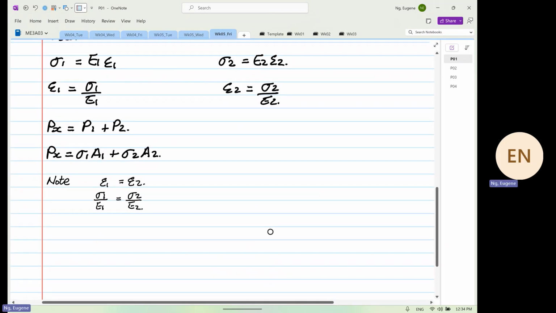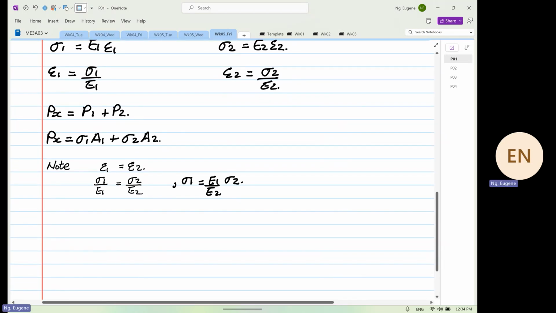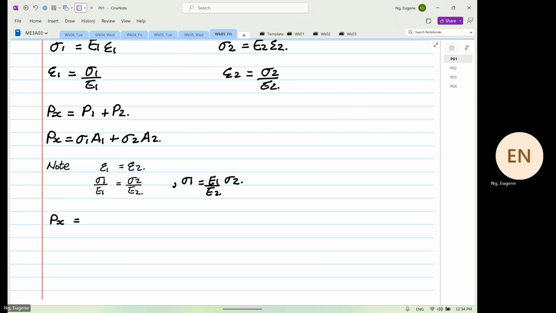So from here, we know that stress 1 is equal to E1 over E2 multiplied by stress 2, stress for material number 2. Okay. So we know that Px is equal to what? Px is equal to stress 1 A1 plus stress 2 A2.